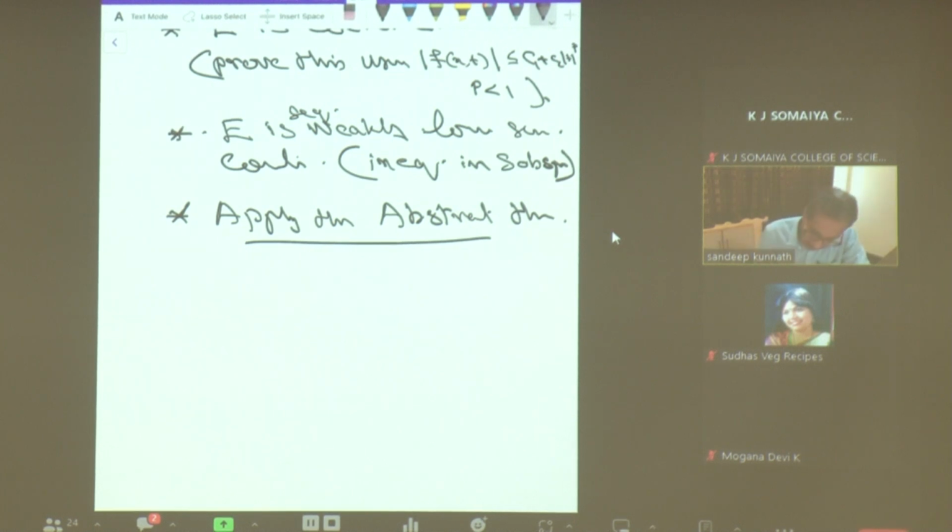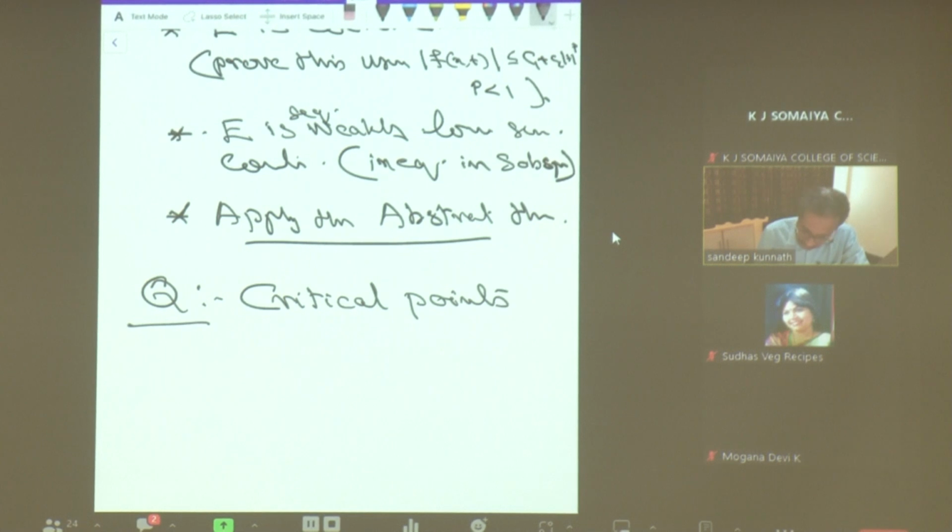The question is critical points other than local minima or local maxima.